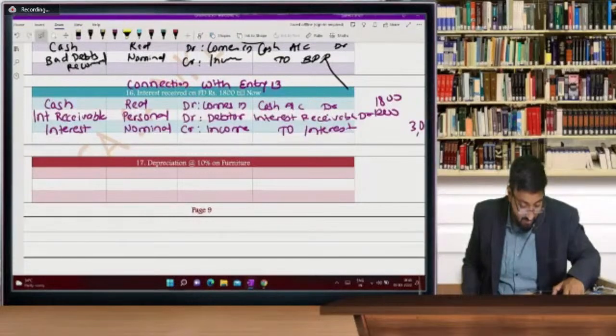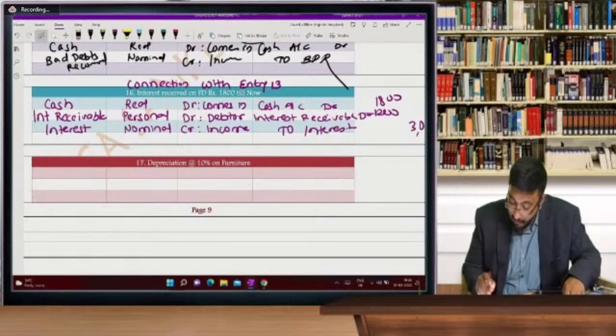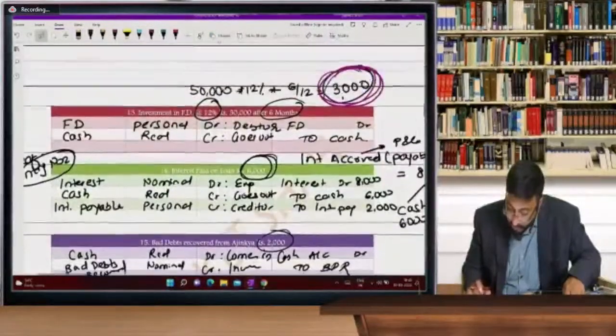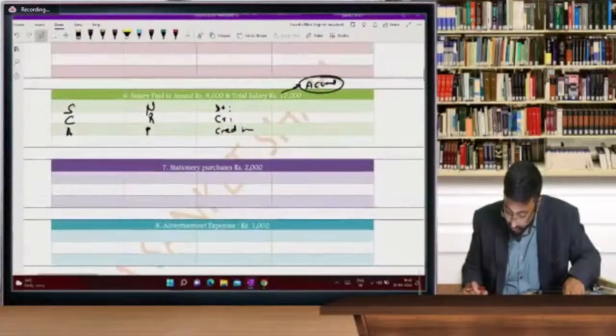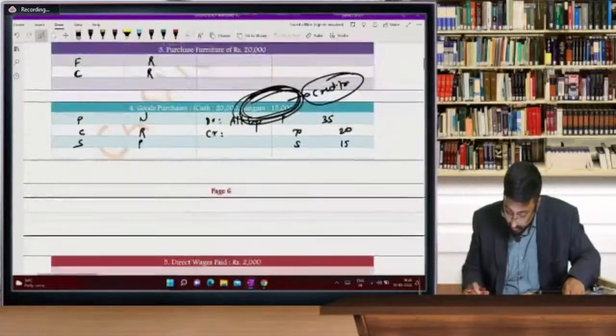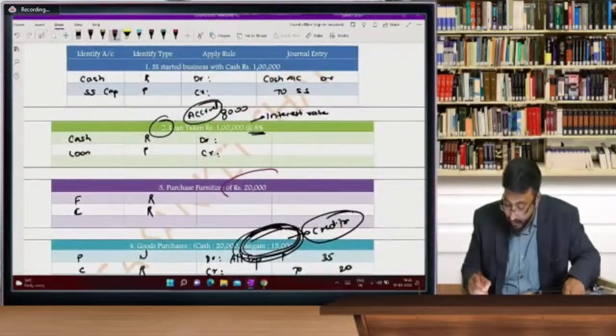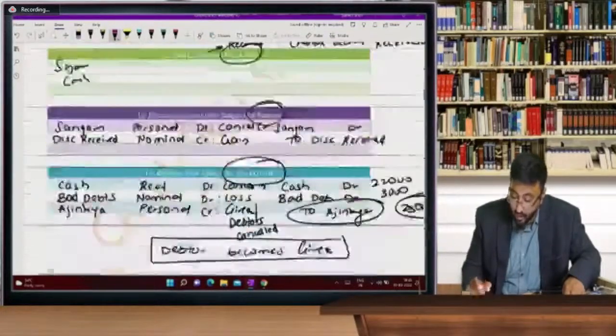Depreciation. Yes, beta, you can take bank account. Depreciation, beta, furniture purchased in which entry number? 20,000.